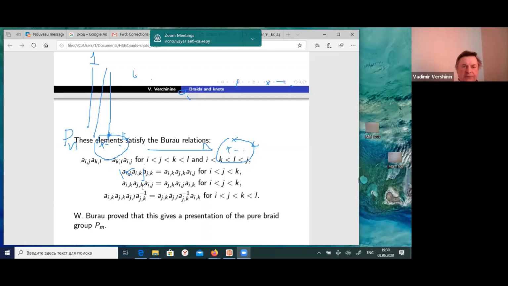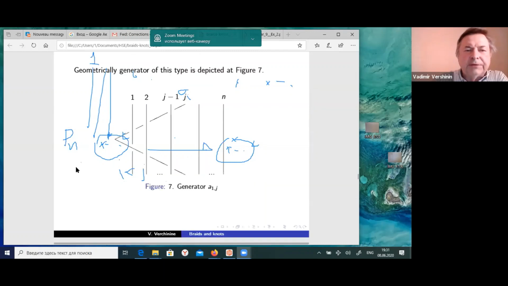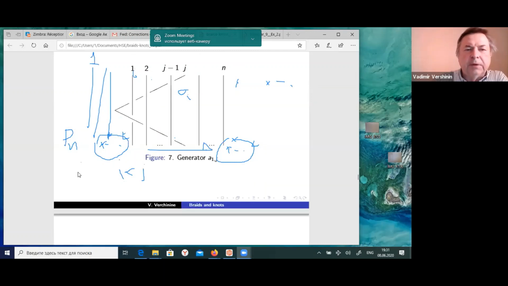And relations are the following. It's not so evident to comment on all the relations, but the first one is quite simple to comment on. For example, what does it mean that they commute?